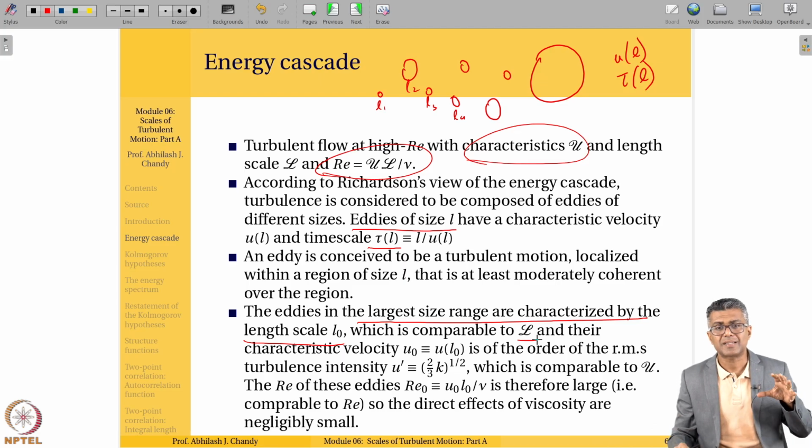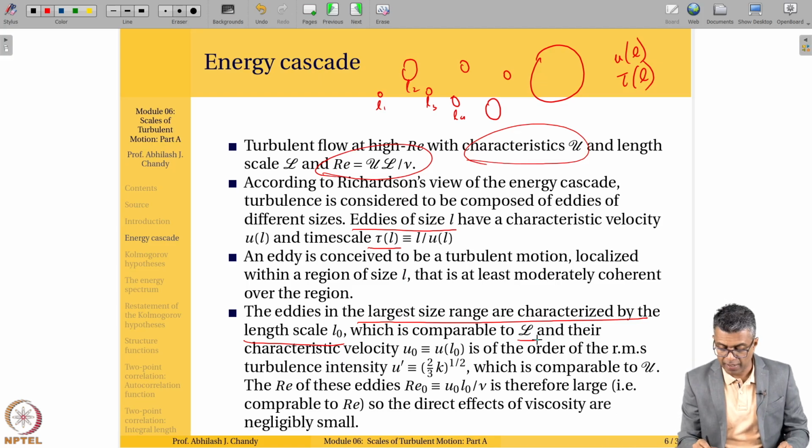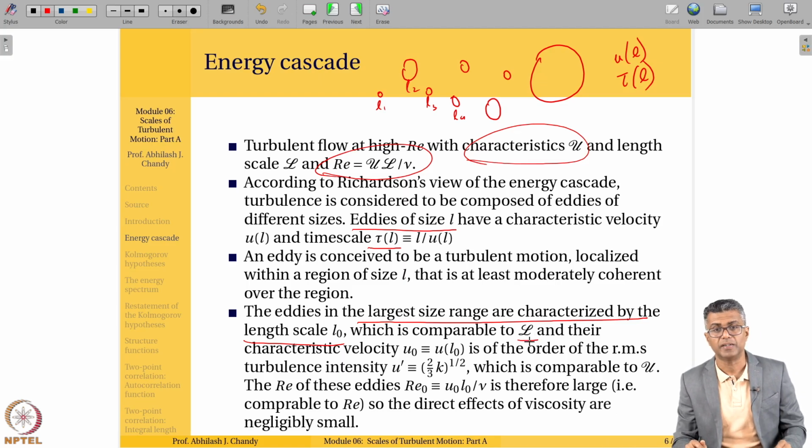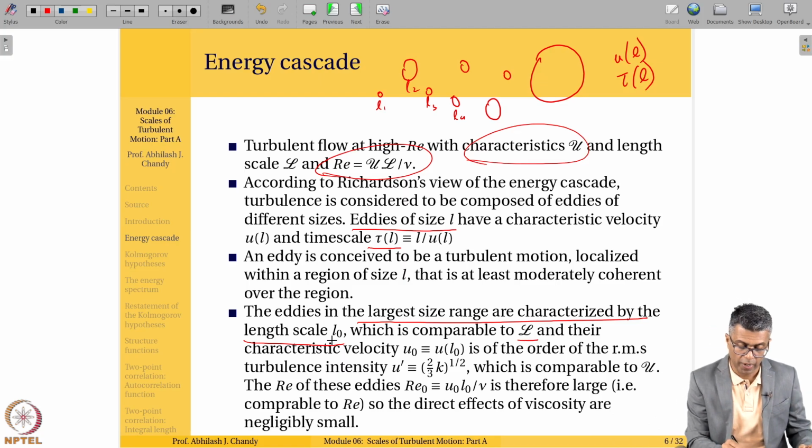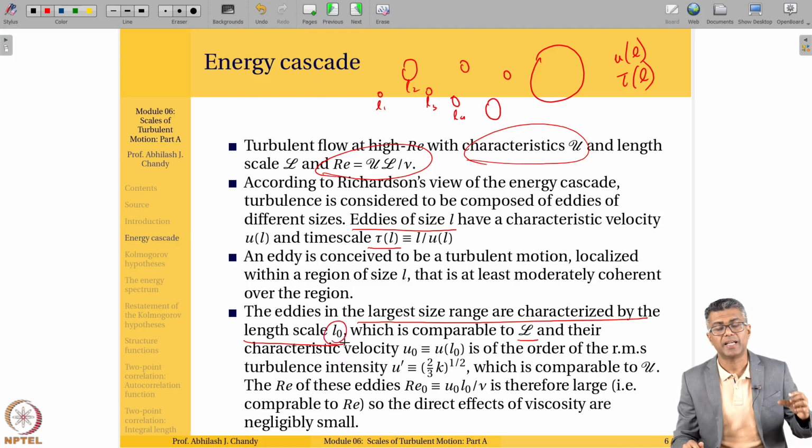Capital L is a characteristic length scale, information of which is available even before you start the flow, like the diameter of the nozzle, the diameter of the cylinder, or the channel width. But L0 is different. Capital L is something you have information about even before you start the flow, whereas small L0 is the largest length scale of the flow.